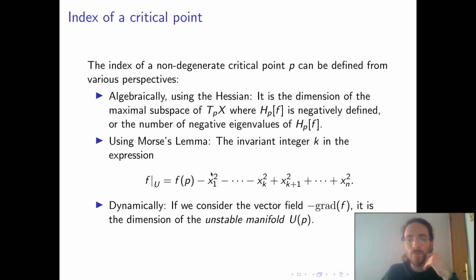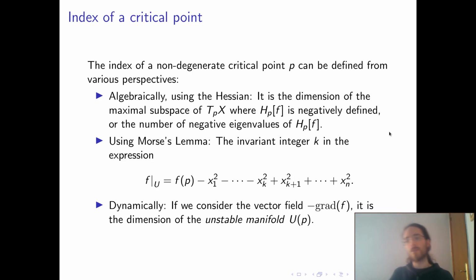If you take the gradient locally of this expression, you will see that this is exactly the same. The negative directions are the directions in which the minus gradient flow expands. So this is the dimension of your unstable manifold.